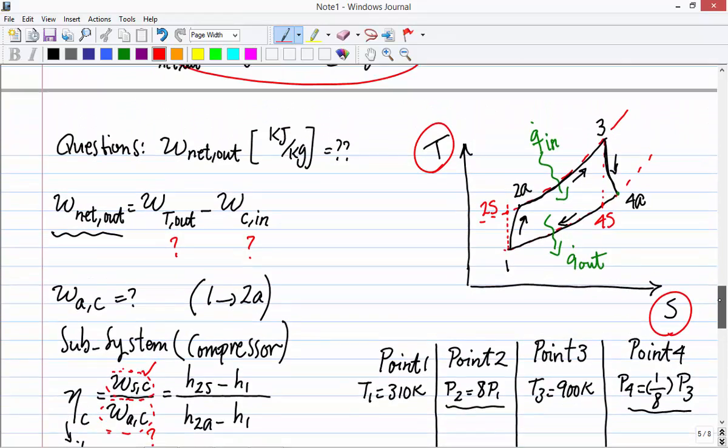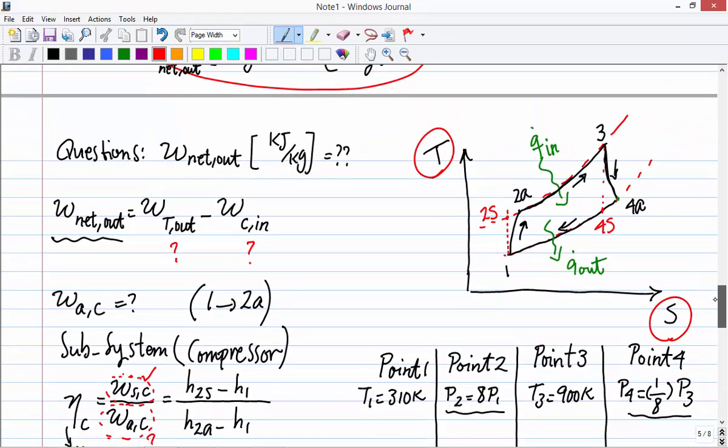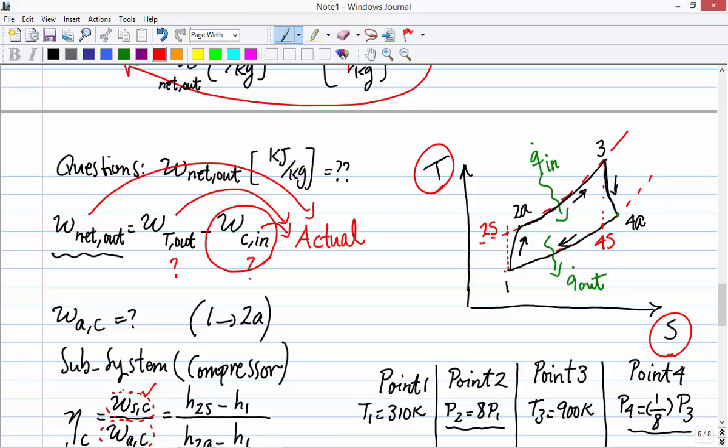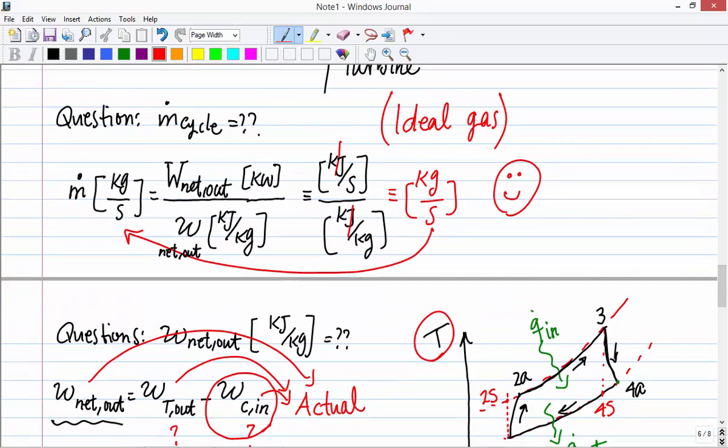Let's go a little bit further back. Here, I was looking for this guy, and I found it: the actual work for the compressor going in. This and this are both actual. Then I can find the net work, put it in the denominator, and then find m dot.